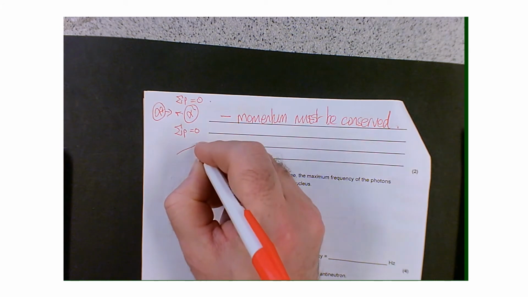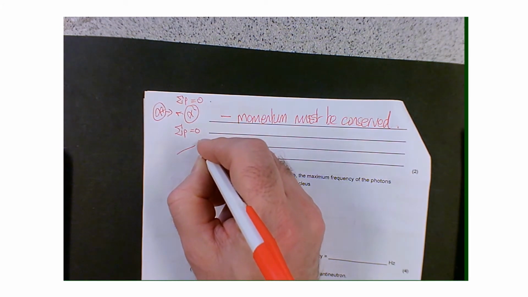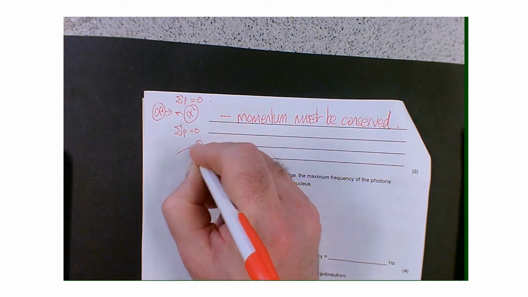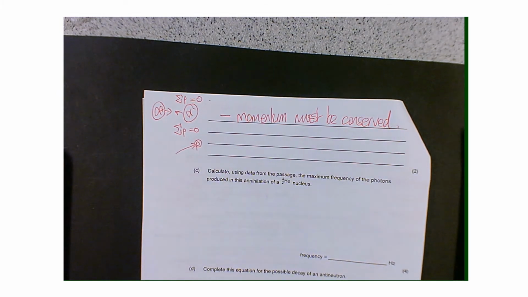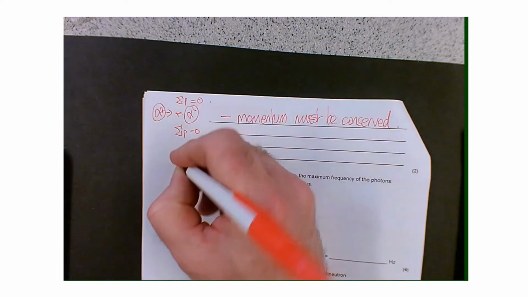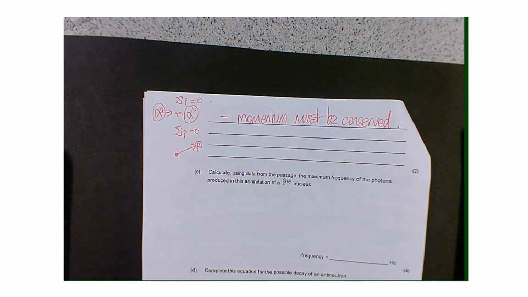If I just had 1 photon, let's travel in that direction, it's going to have some momentum. So what do I need? I need there to be a second photon, but I need something else about the second photon to make the overall momentum 0. What else can I say about the second photon? It's not just that I need a second one, because here I've got momentum, but it should be total 0.